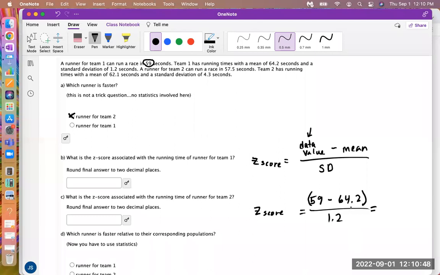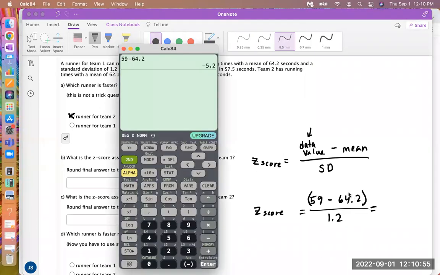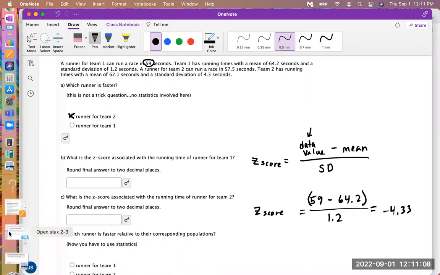So I do the top subtraction first, press enter, get a number, and then I divide by 1.2. Okay, so I get negative 4.33, and that is the z-score for this runner.